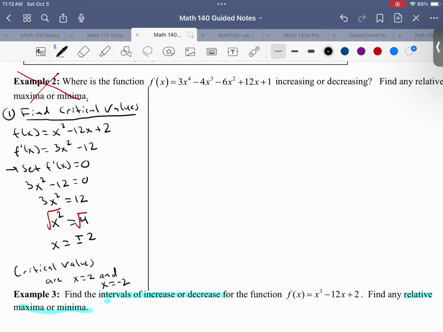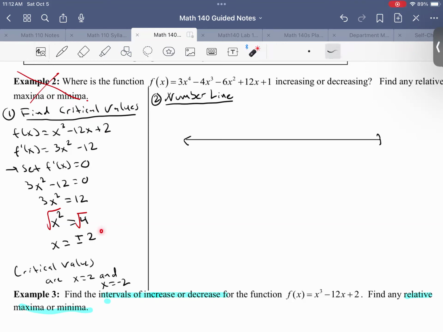Step two is always going to be using your number line to determine if you have a max or min. What you literally want to do is draw a number line like so, and put your critical values here.